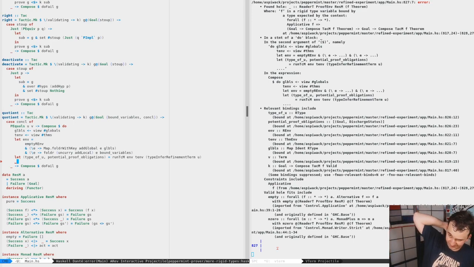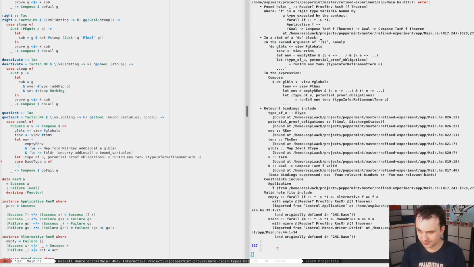So now one case of base type of view of. We know that it's the same as the base type of V. Now we want this to be a quotient.